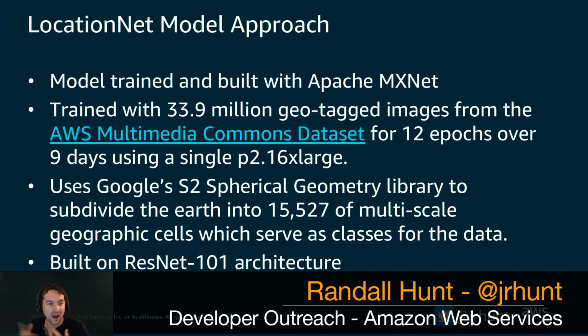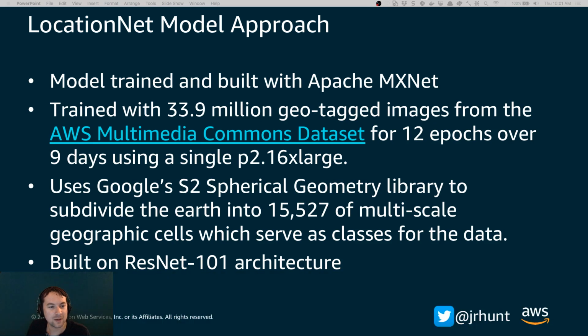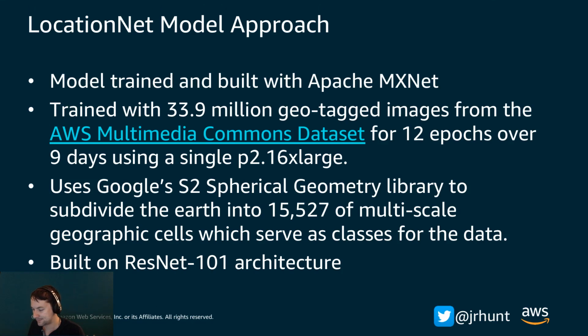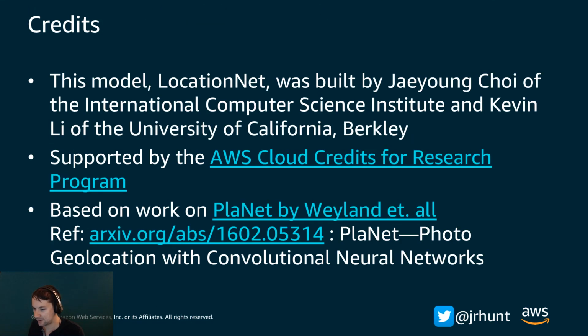is, and I need to fully disclose, this was not my design. I've pretty dramatically modified it and rewritten a lot of the code at this point, but this was never my idea. I am not even remotely smart enough to come up with this kind of stuff. So what happened here is Jae-Young Choi and I think it was Kevin Lee from the International Computer Science Institute in the University of California, Berkeley.